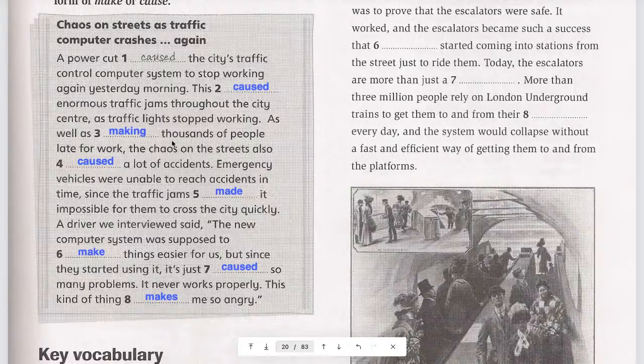Why should we use making and not make? Do you know? Because in this part, making is put at the beginning of the sentence, right? So at the beginning of a sentence, we use verb ing. We don't use the base form of the verb here.